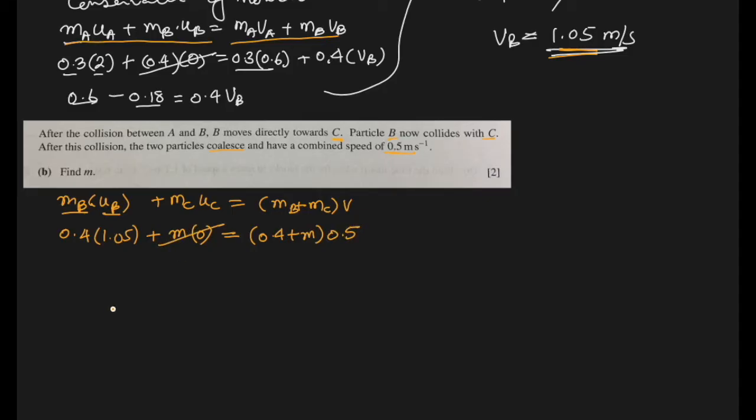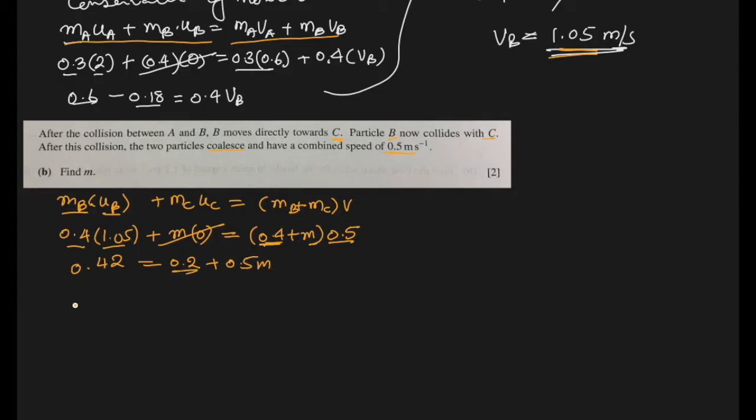So 0.4 times 1.05 will be 0.42 again, equal to 0.4, let's open this bracket. 0.4 times 0.5 will be 0.2, plus M times 0.5 will be 0.5 M.